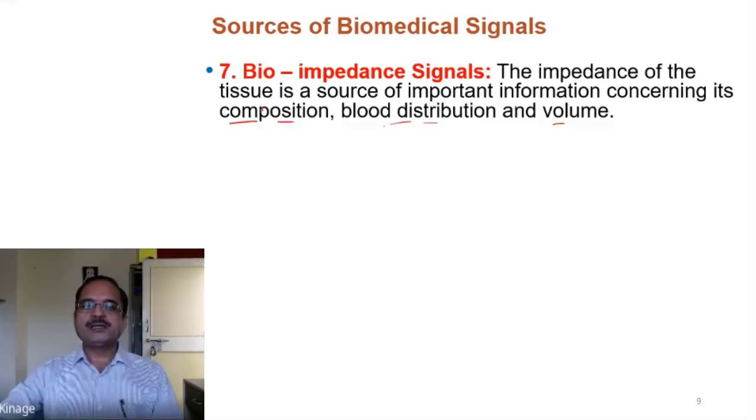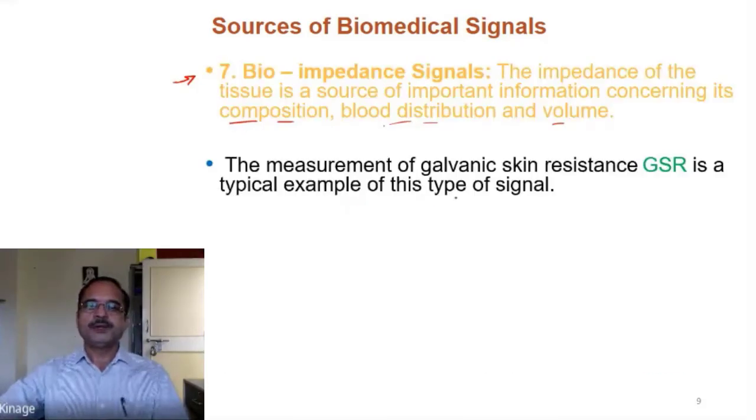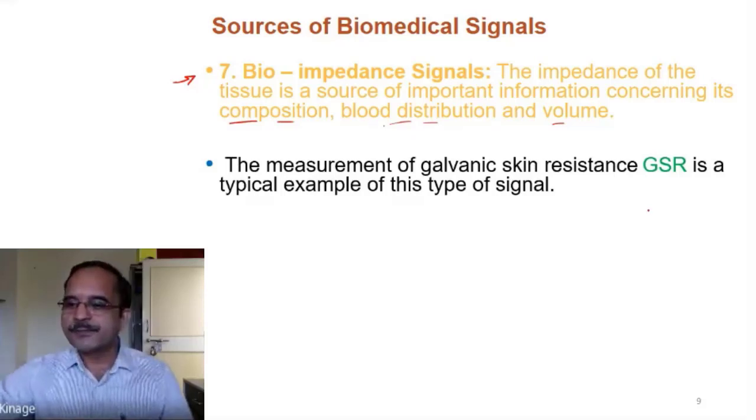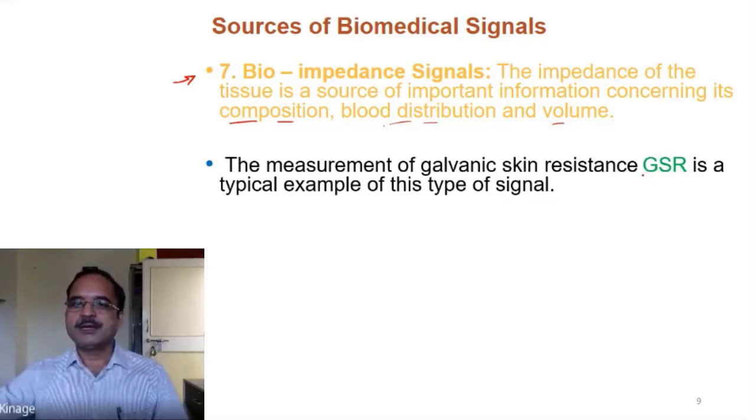Okay, so in this case, you apply some sinusoidal voltage to the tissues, and we measure the current flowing through the tissues, and by taking the ratio of voltage and current, we measure the impedance. So these are bioimpedance signals. So the example of this is GSR, that is galvanic skin resistance.